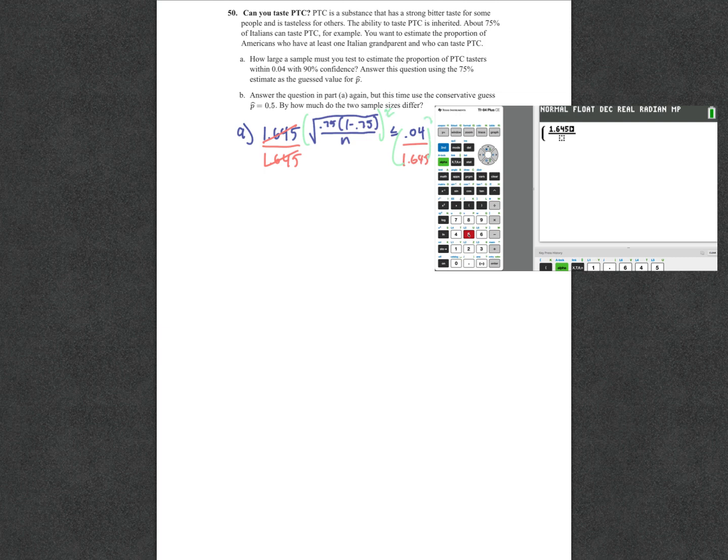Okay, and then the square and the square root will go away. Okay, so that means we're at the point where 0.75 times, really 0.25, 1 minus 0.75 over n has to be less than or equal to 0.04 over 1.645, squared.